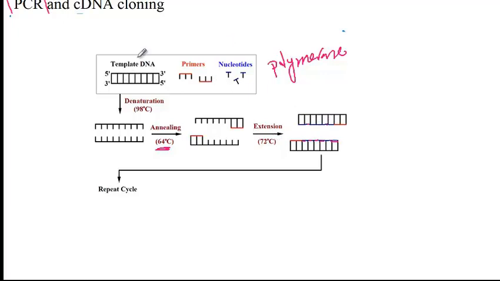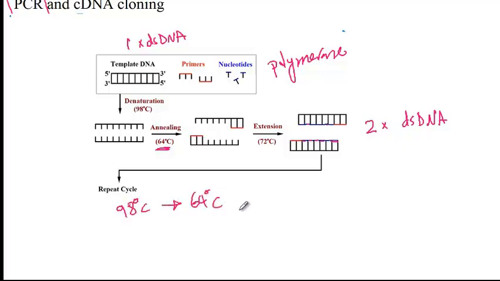And so here, a single double-stranded DNA has yielded 2 double-stranded DNA. And now the cycle repeats. Again, 98 degrees C, 64 degrees C, 72 degrees C, and now we have 4 double-stranded DNA.